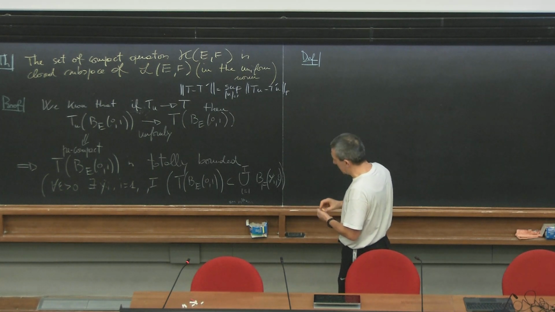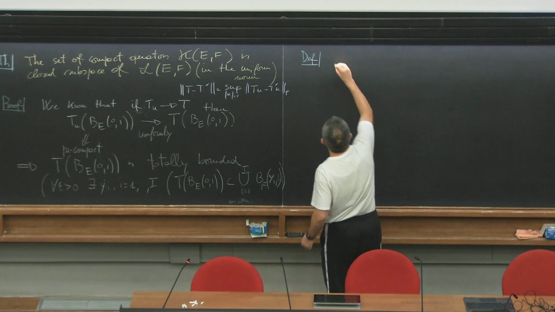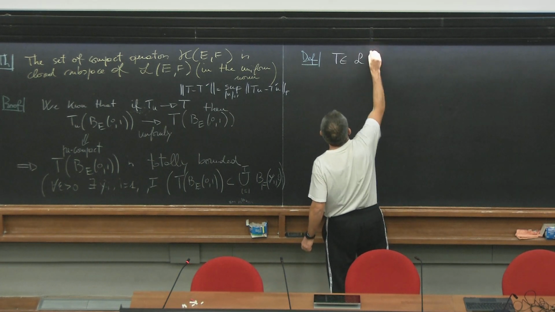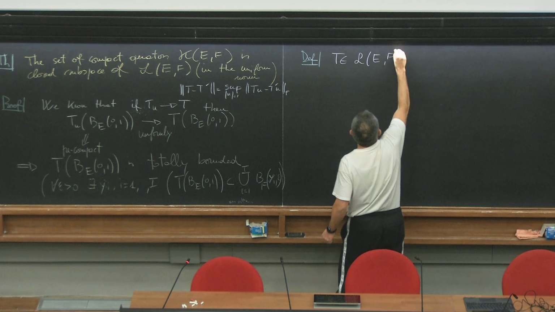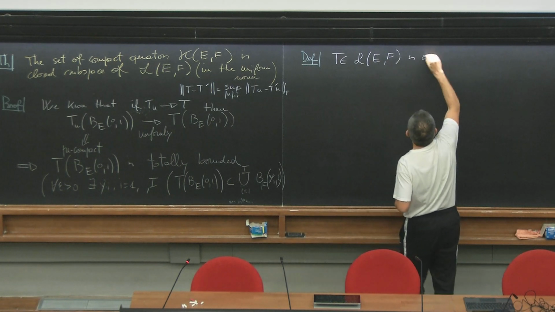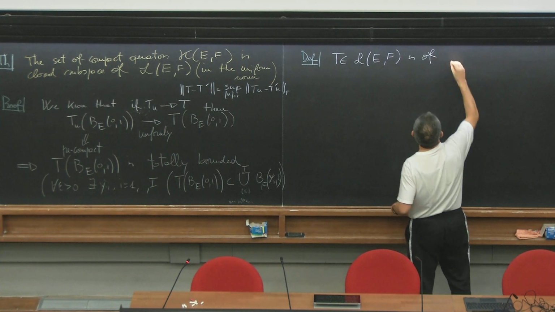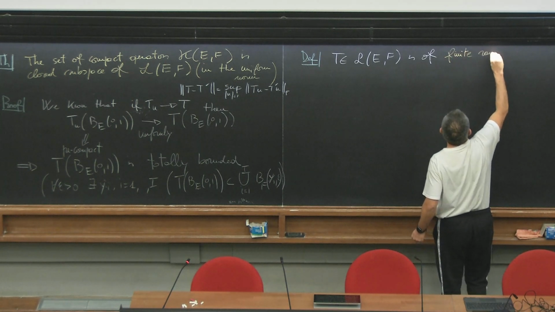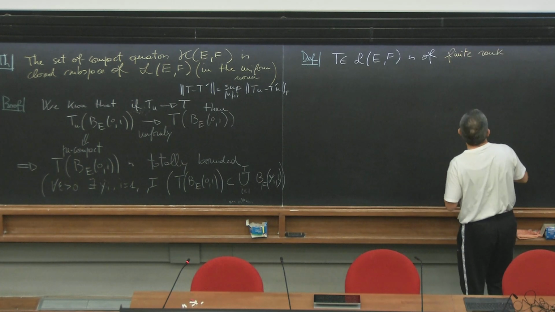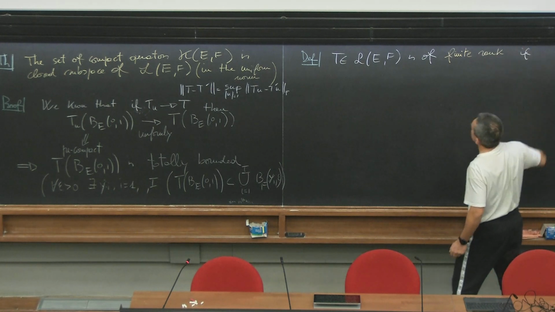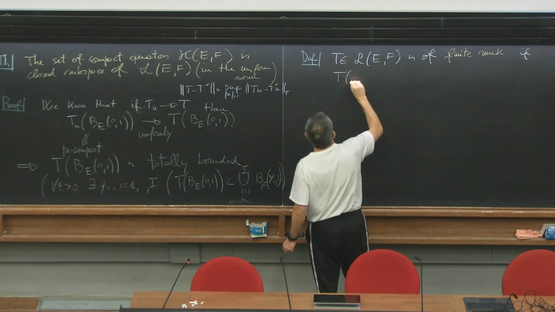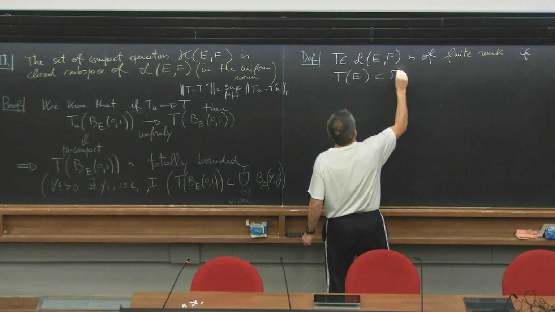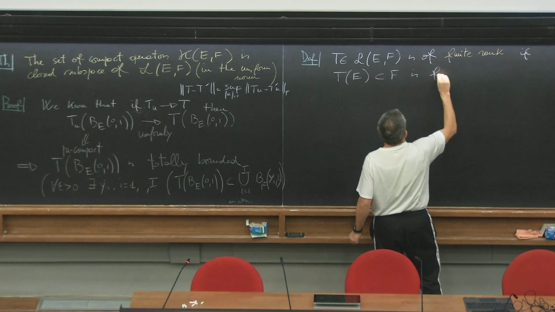In this case, we say that T is of finite rank if the image of E is finite dimensional.